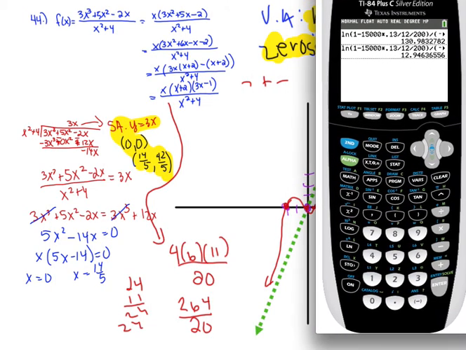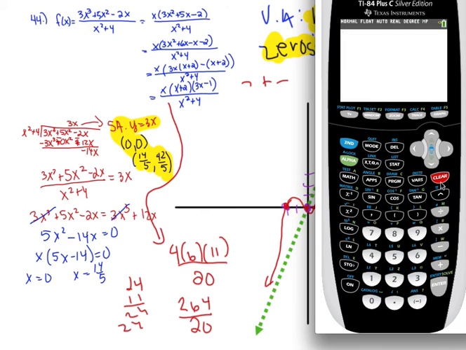So let's just make sure I did that right. 4 times 6 times 11 divided by 20. That's 13.2. I still think I did it right, but it is 13.2.